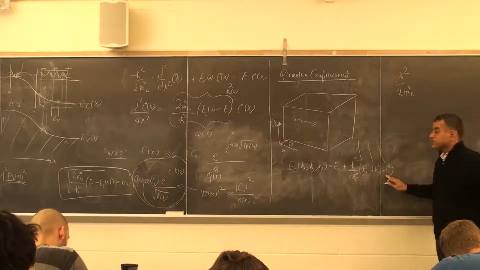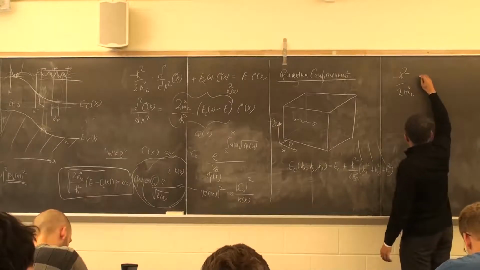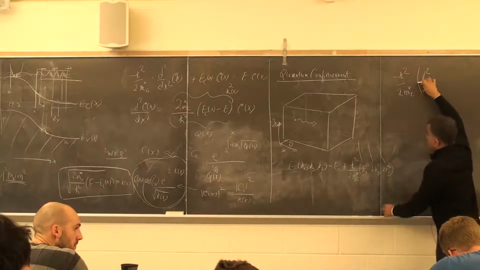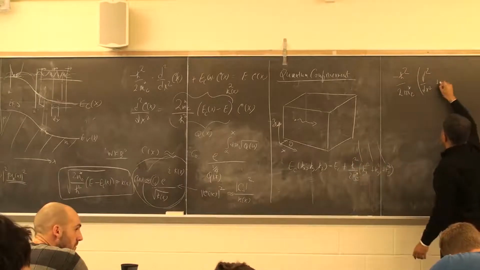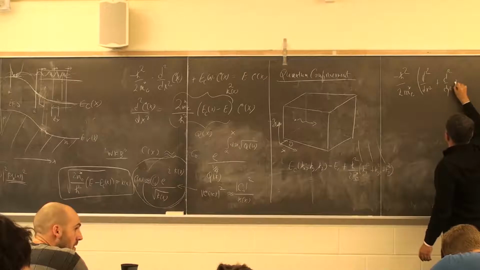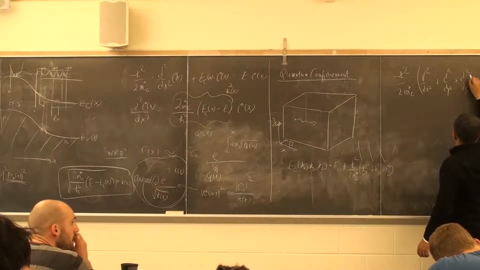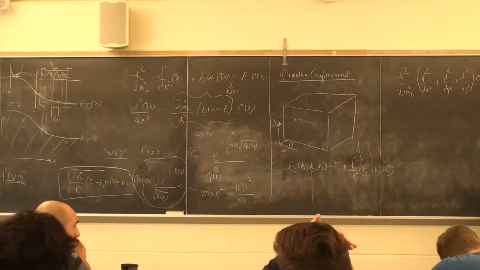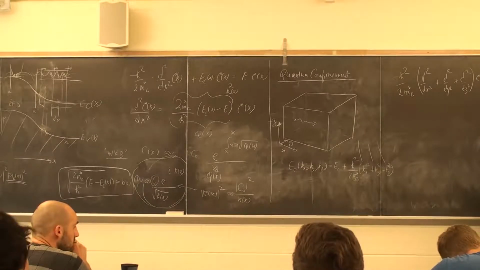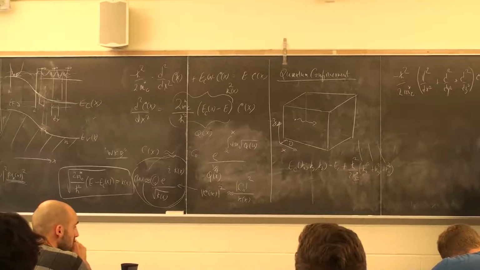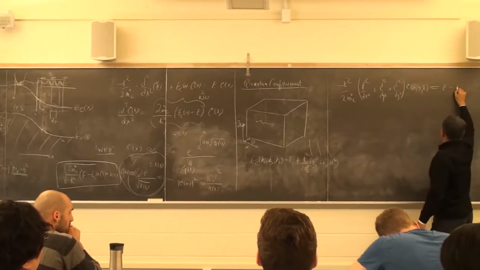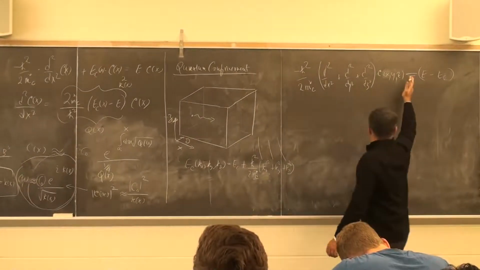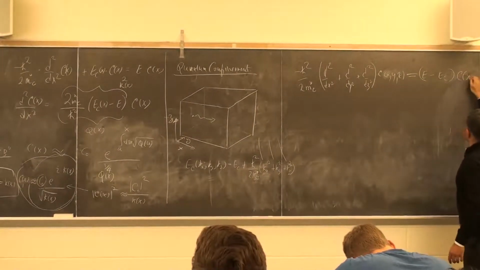So you just replace those, and what you end up getting now is minus h bar squared over 2m star times d2 by dx squared plus d2 by dy squared plus d2 by dz squared, times psi of x, y, z, which is the envelope function, is equal to E minus EC. I just took the band edge to the right side, times psi of x, y, z.